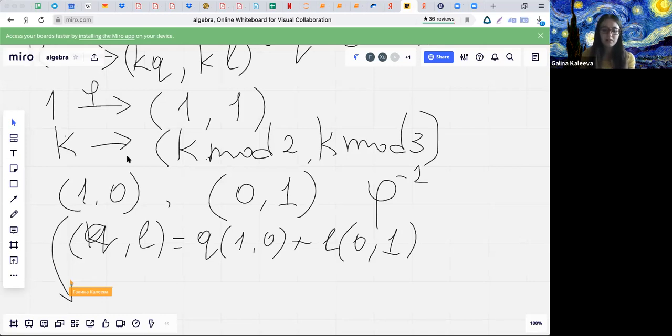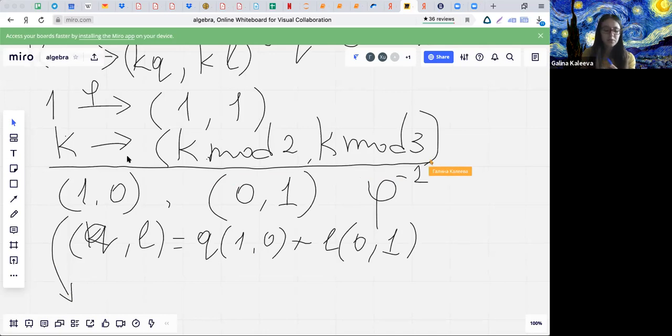Every k goes to its remainders, modulo 2 and modulo 3. So the inverse image is such an element k that its remainder modulo 2 is 1 and its remainder modulo 3 is 0.